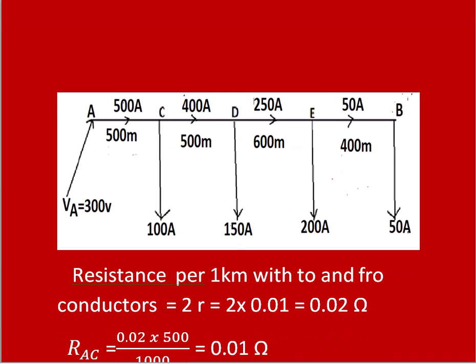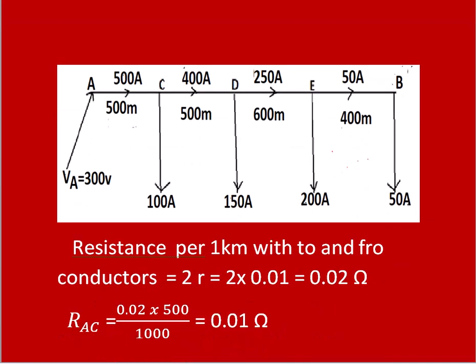Once this is done, it is time to calculate the resistance in various sections. Here a distributor will have the forward path and also a return path, means there are two wires.